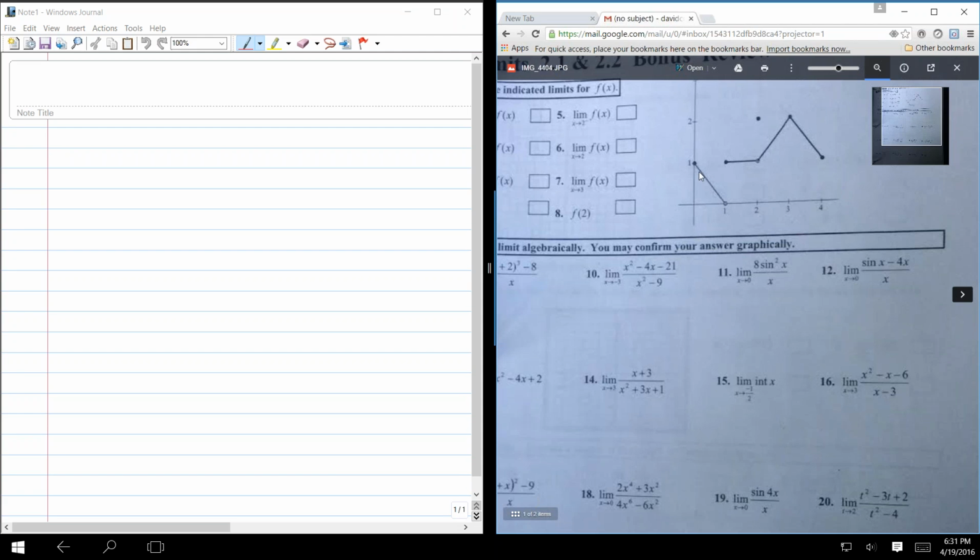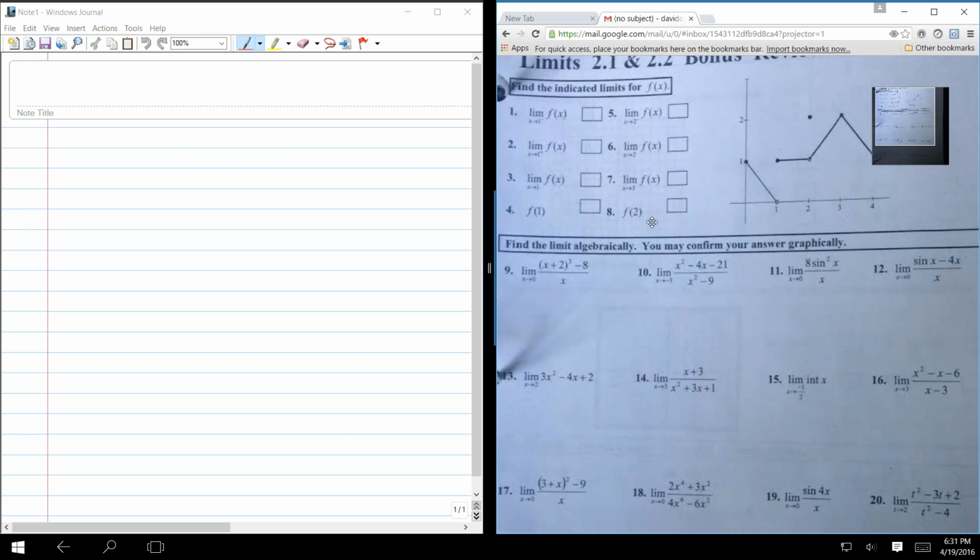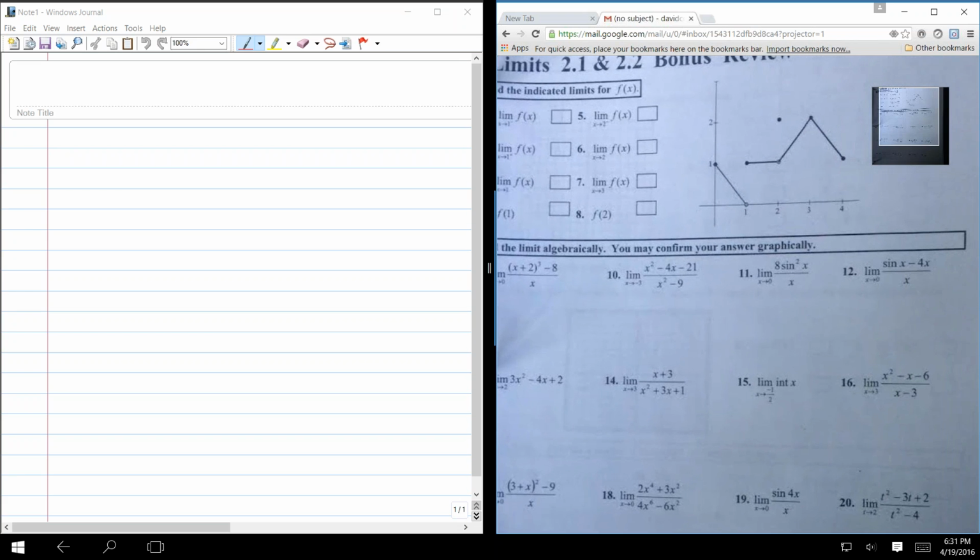In other words, there's the function. We're going to follow that function until we almost get to 1 on the x-axis. That limit is 0. And 2 says from the right, I presume? Yeah. What does that, would that be 1?